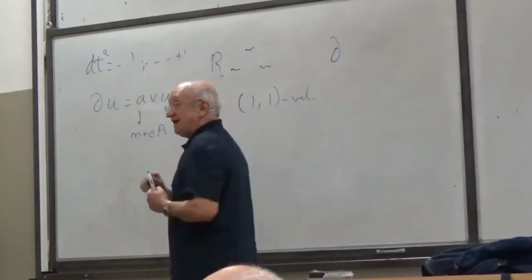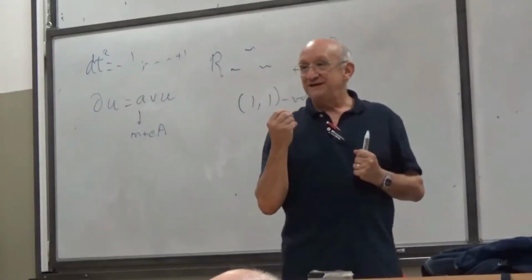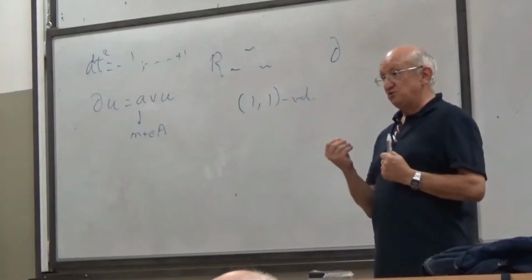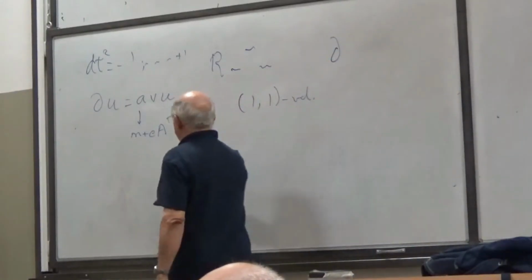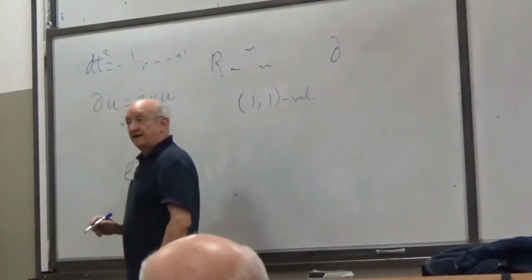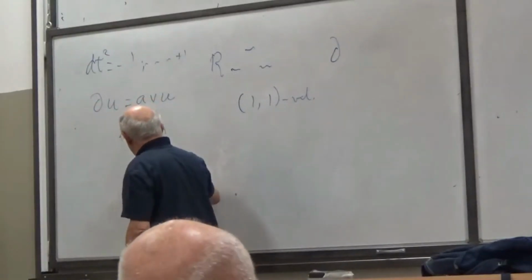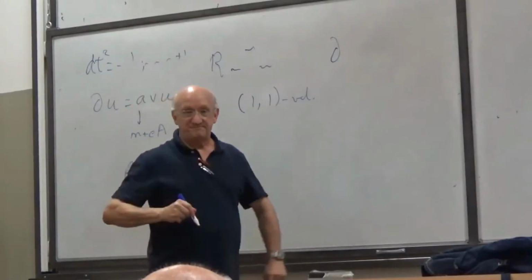If we have a proper value of energy, then we write the function in quantum mechanics as e to the minus i E t divided by h bar.